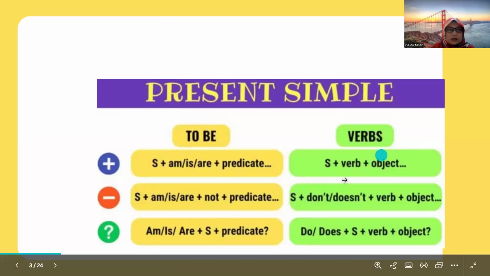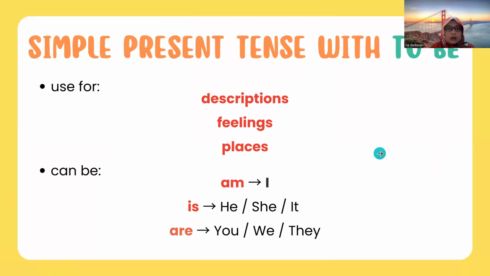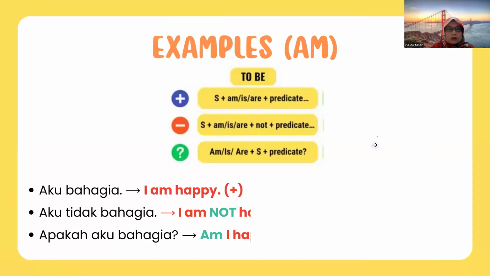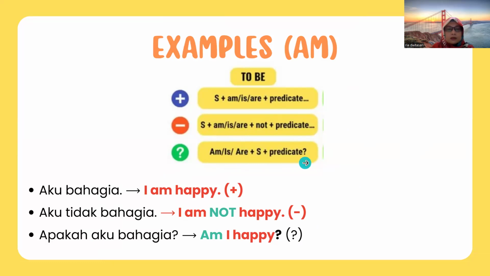So next, of course, we give the formula of the simple present tense, and then we go deeper into the simple present tense with to be, and then of course, there are simple sentence examples too. And in this slide, we can ask the students to read this.